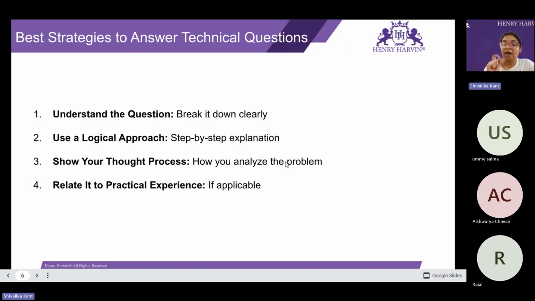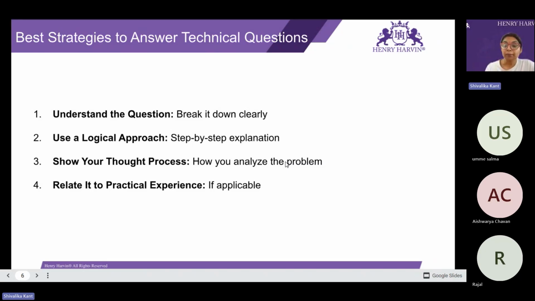And result is highlight the outcome, and quantify the outcome. Please do that. Give that 20% increase in sales or 20% decrease in cost. Talk about quantifiable results, like response time improved by 40%, all these things.